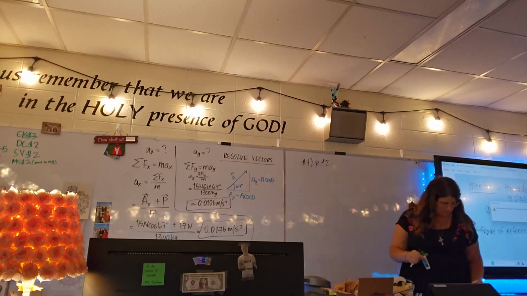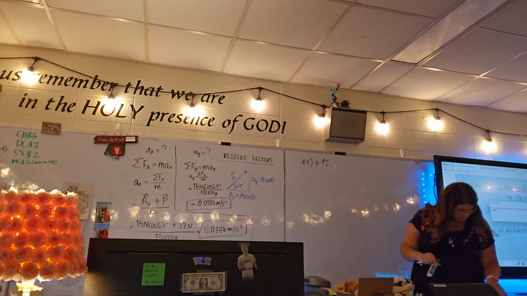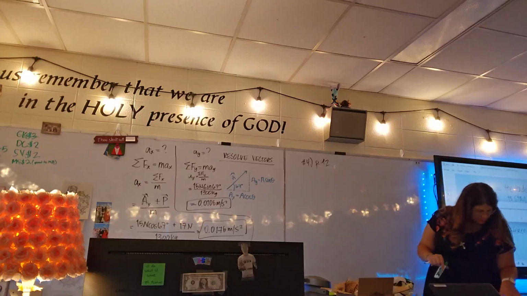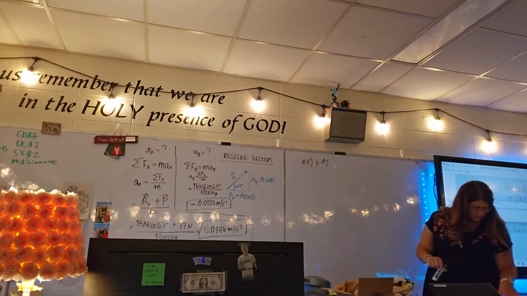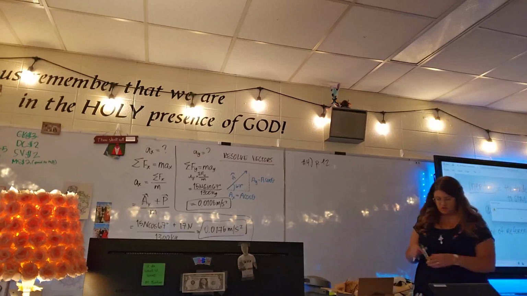Okay, so this guy says, suppose that the mass of a spacecraft, shown in the picture, is 11,000 kilograms, and that the mass of an astronaut is 92 kilograms. In addition, assume that the astronaut pushes with a force of 36 newtons on the spacecraft. Find the acceleration of the spacecraft and the astronaut.